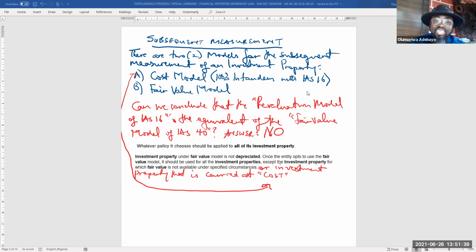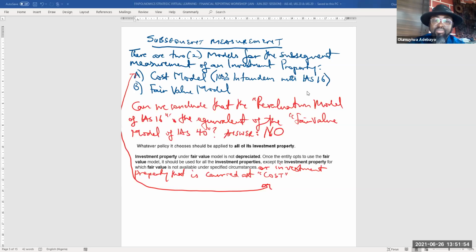I think what you are trying to say is, what is the commercial substance of you not picking a fair value model. I understand.